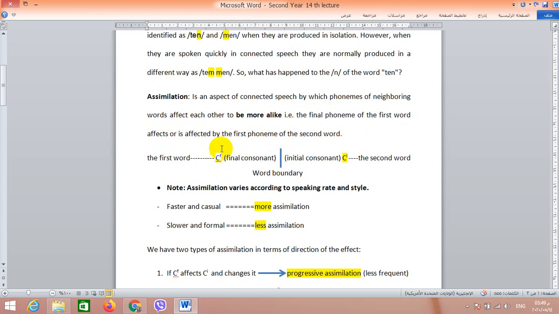So we have the final consonant symbolized as CF, and we have the initial consonant symbolized as CI. So this is the word boundary. This is the end of the first word, and this is the beginning of the second word. So the final consonant here may affect or may be affected by the initial consonant of the second word.